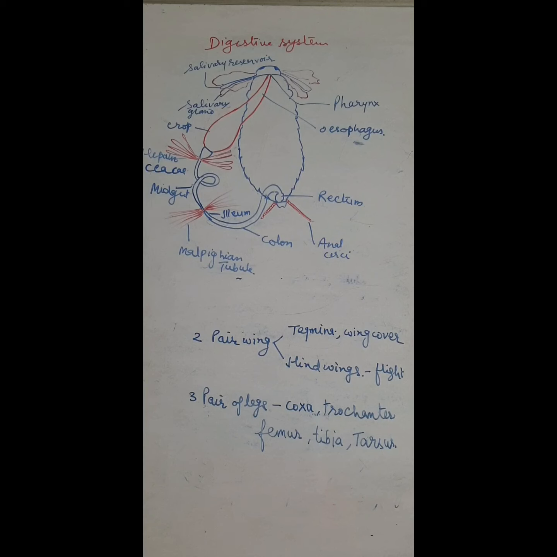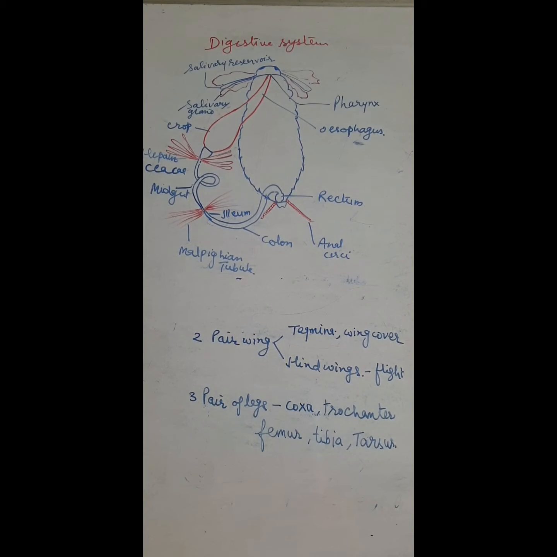The first part is the foregut up to here. Then the midgut, also called mesenteron, and from here up to the rectum, the hindgut. So the gut is divided into 3 parts.